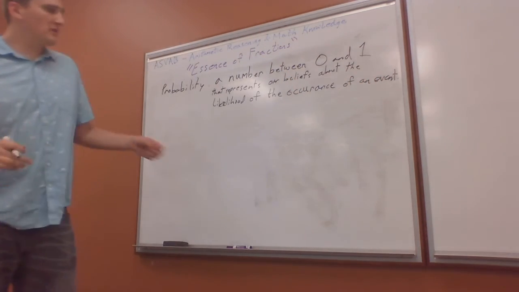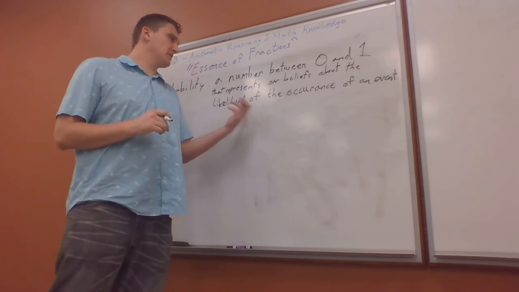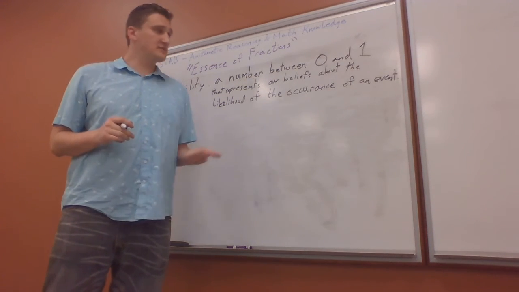Okay, so probability is a number between 0 and 1 that represents our beliefs about the likelihood of an occurrence of an event.